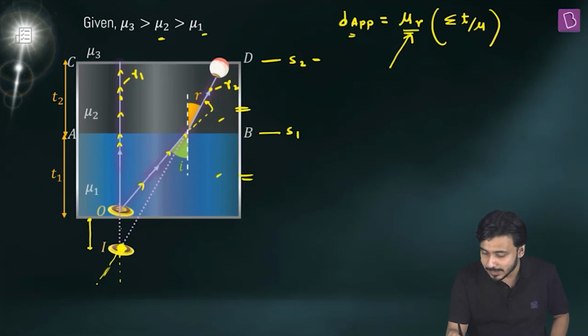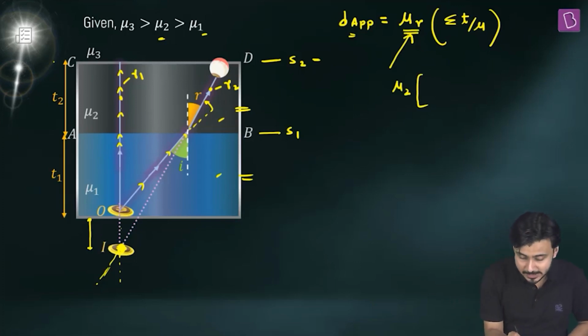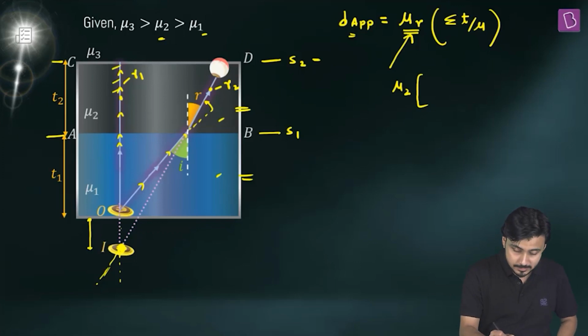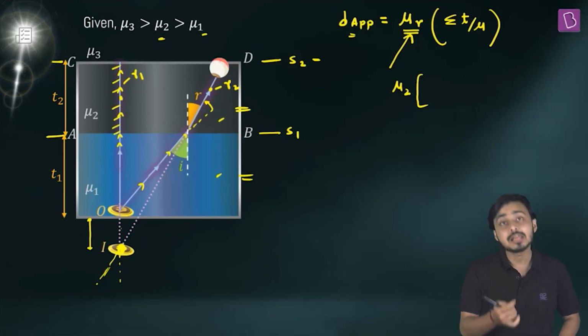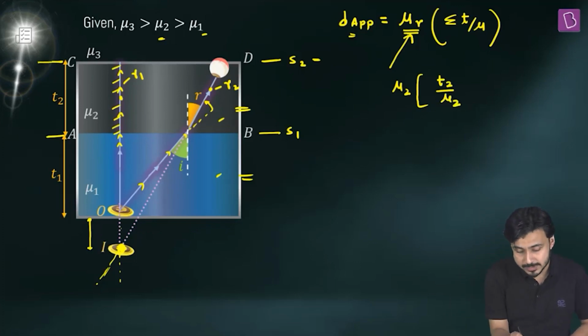So mu r will be mu2 into summation of T by mu. Now this length, T2, is being traveled in the mu2 medium. So T2 by mu2, because you have to get the shift from CD, right?